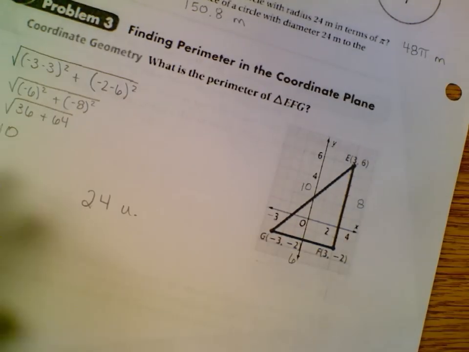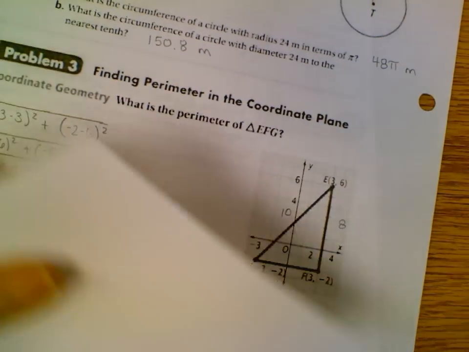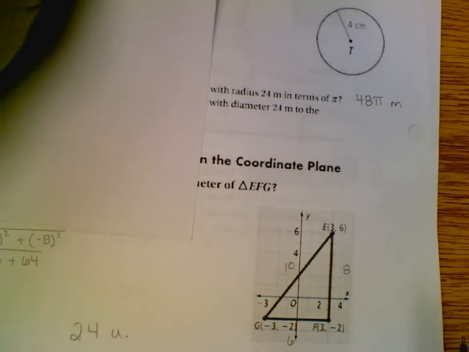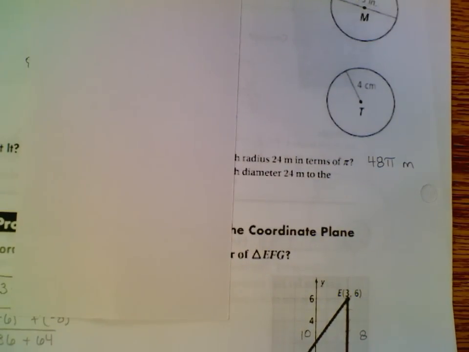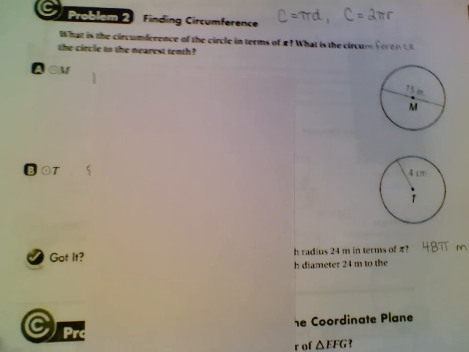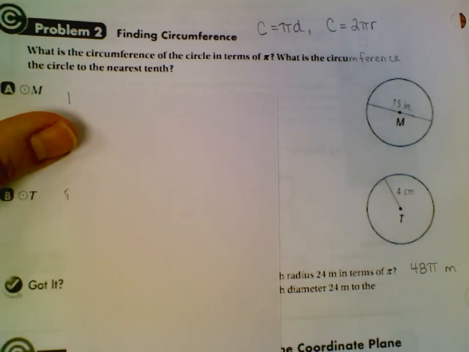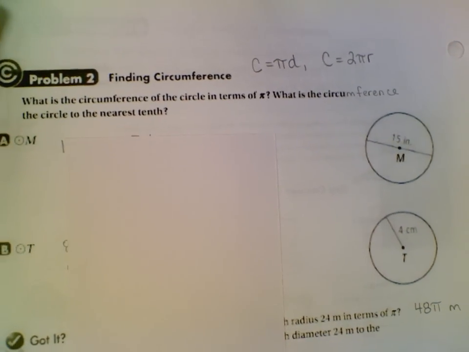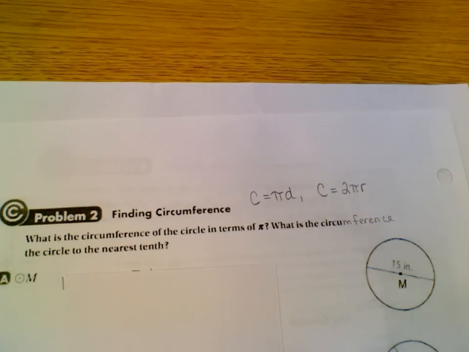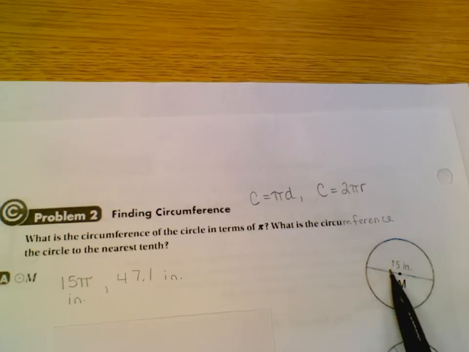Okay, then on the second page we're going to find circumference. Now they have 2 different ways we're going to end up finding that circumference. For the circumference, you can find it in terms of pi, or you can write it in terms of a decimal. So on this first one, we have 15 inches as my diameter.